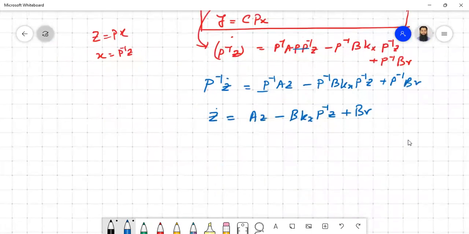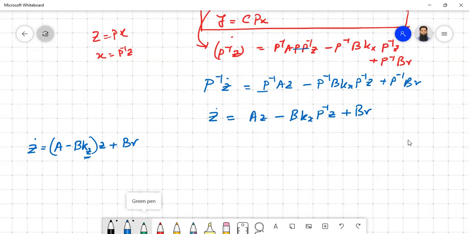So we should find an equation like this: Z dot in the original system equals A minus B KZ, Z plus BR. The K representing KZ, but in our case we designed in the phase variable form, so instead of KZ we have KX P inverse.